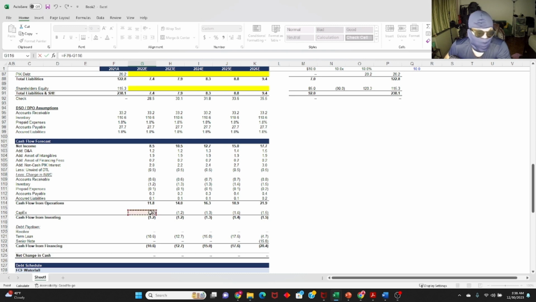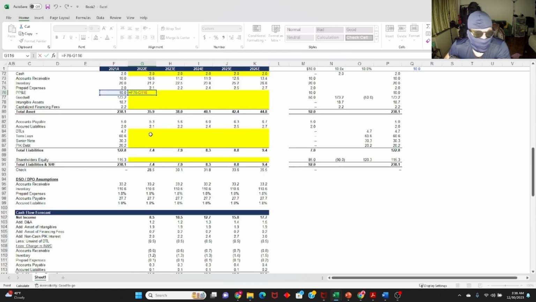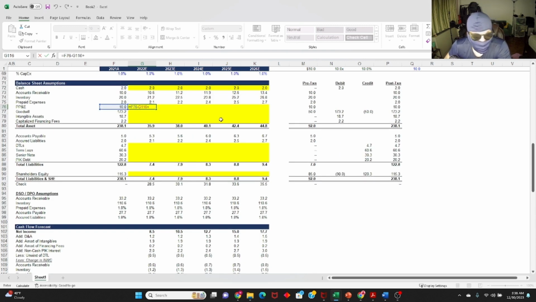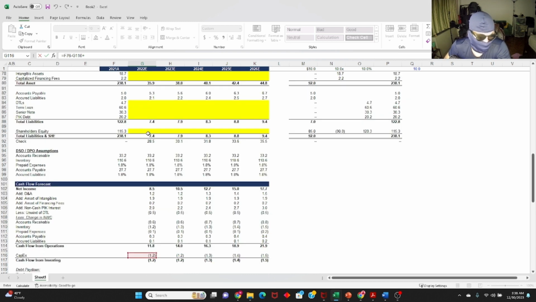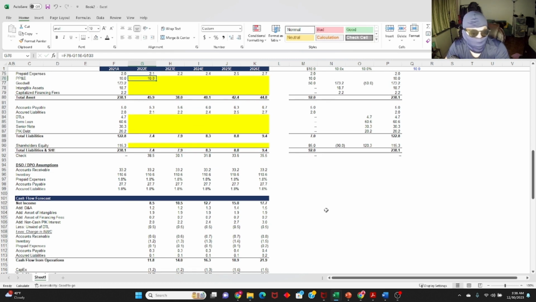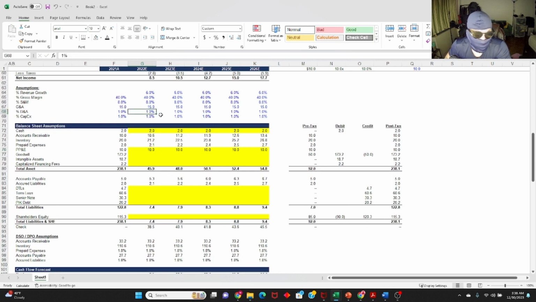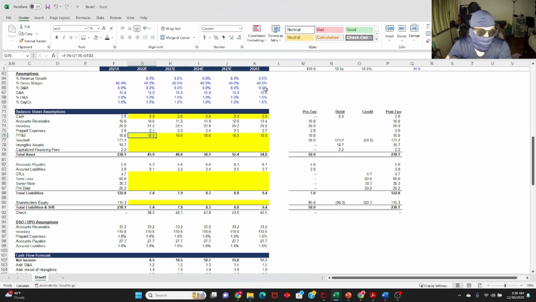In this case, it's negative, so when you subtract the negative, you're adding it back, and then you're going to subtract your depreciation because it's a positive number. And your PP&E actually stays the same because, as you guys can see here, your D&A is 1% and your CapEx is 1%, so it cancels out, so there's no change in PP&E over time.